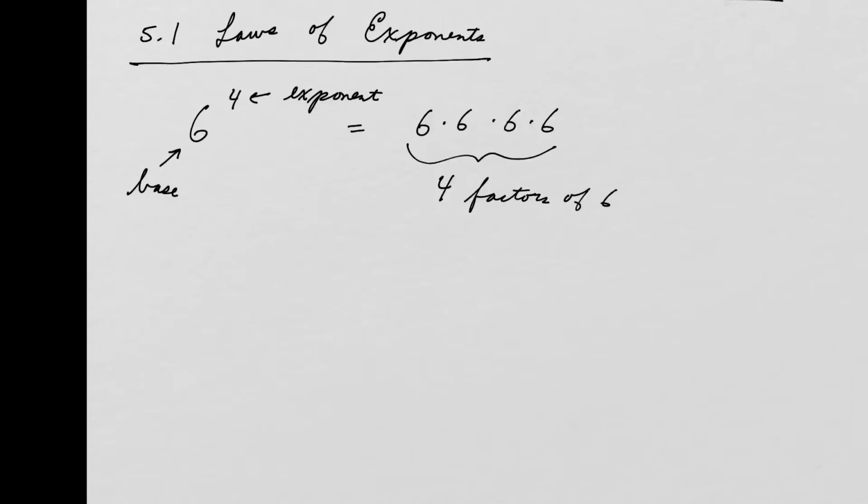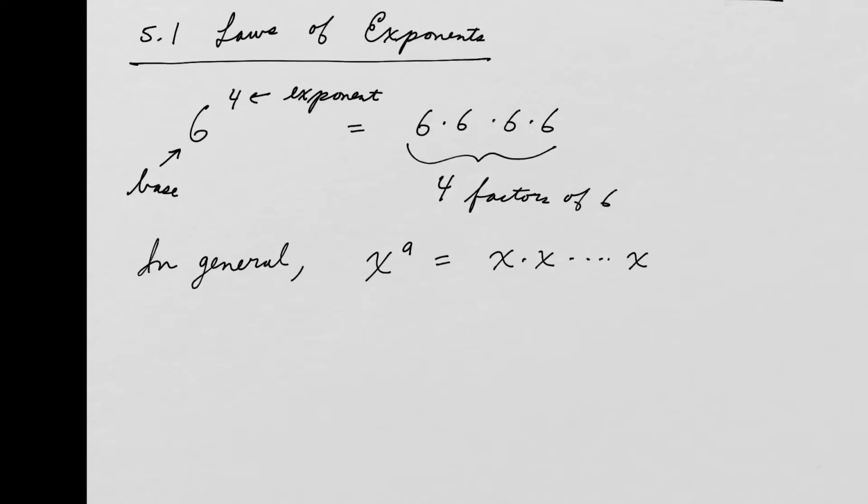So in general, if we have, say, x to the a, where a is a positive integer, then this is equivalent to saying x times x times x dot dot dot x. And how many x's are there? There's a x's, right?